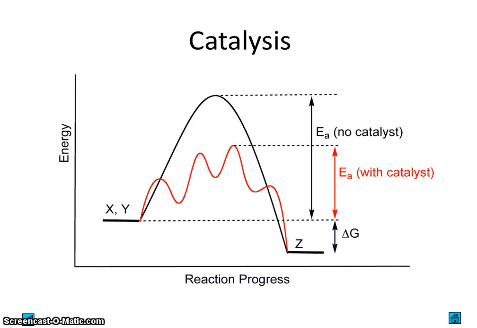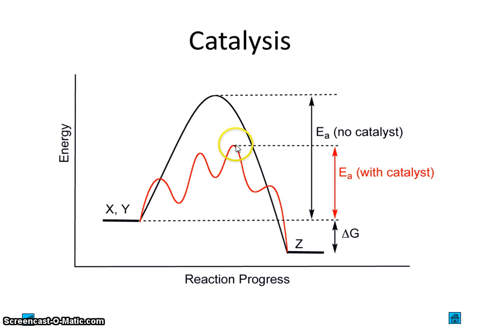Okay, so just a quick reminder then of, in general, how catalysis works in chemistry. A catalyst speeds up the rate of a chemical reaction by providing a new mechanism with a lower activation energy. Now that new mechanism, as you can see here, may well consist of several, in this case 4, separate steps.